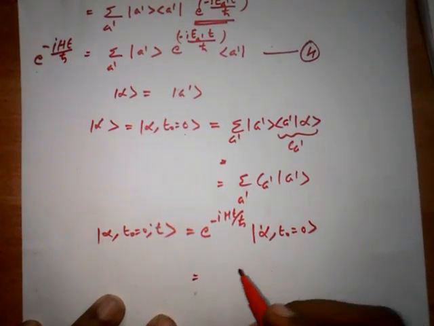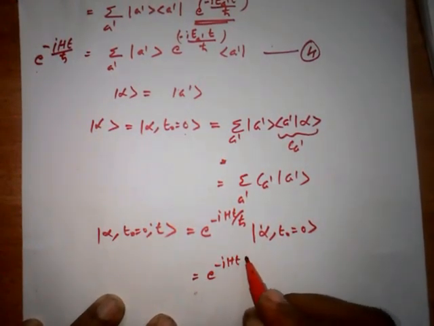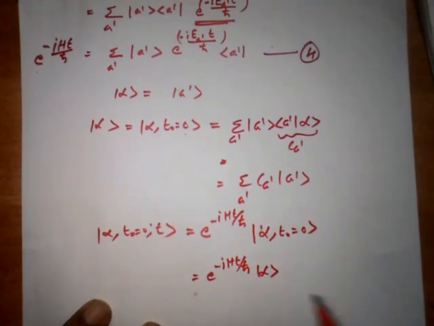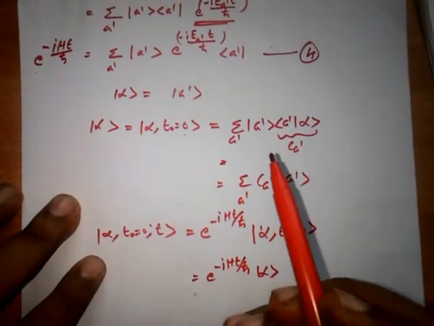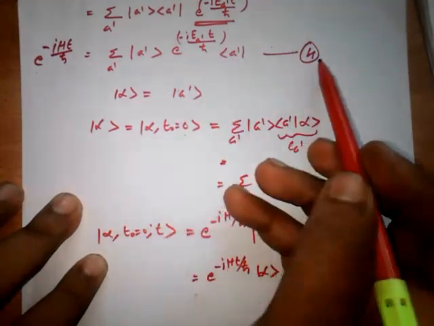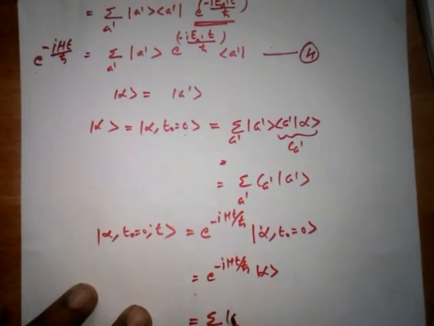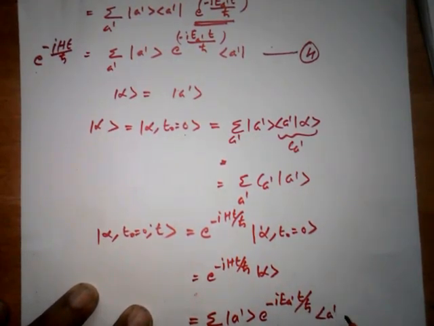For simplicity we can represent e raised to minus iHt over h cross on alpha. This is an operator. This operator we can represent in the form of equation 4, that is this operator is the sum over a dash of e raised to minus i E a dash t over h cross times the ket a dash bra a dash, and this alpha.